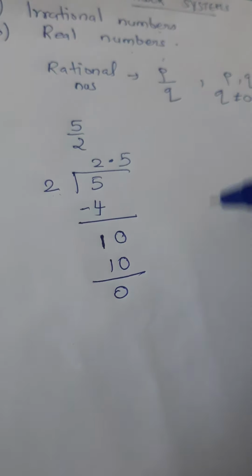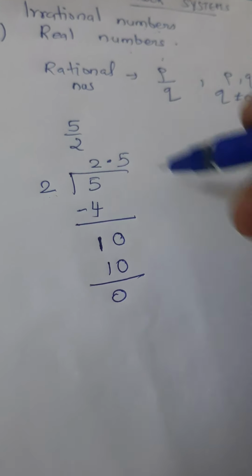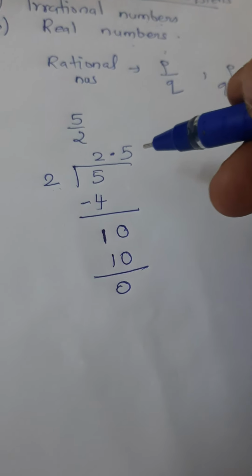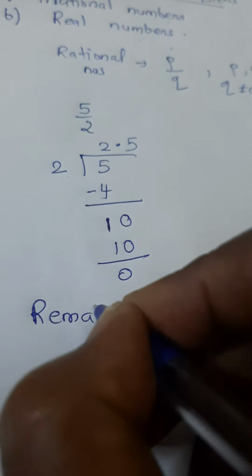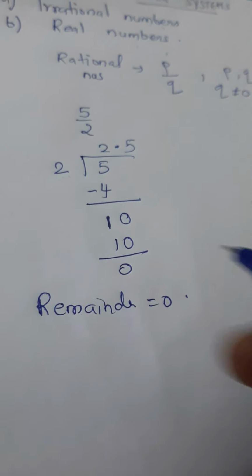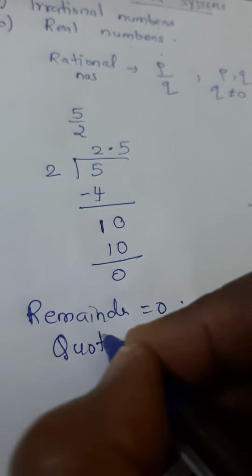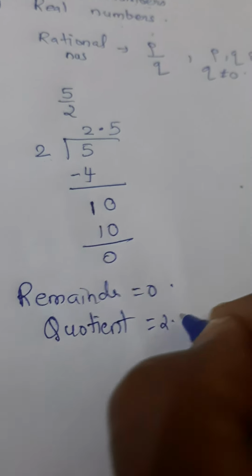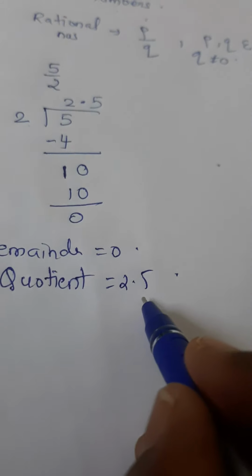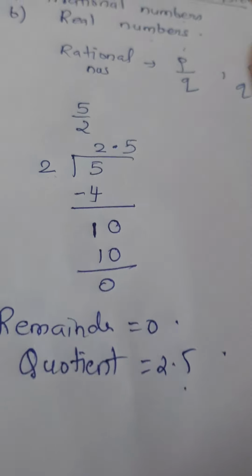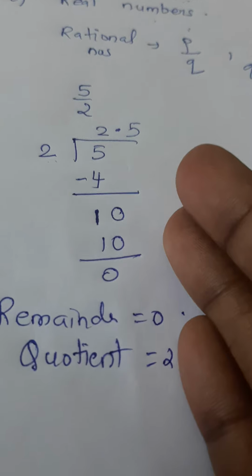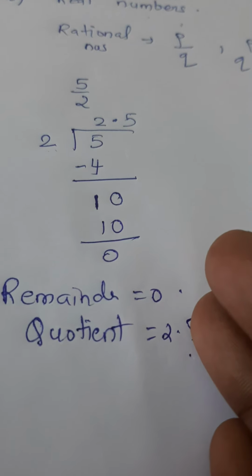So if you analyze this division of this fraction, that is 5 by 2, what you observe is your remainder is 0. Your quotient is 2.5. So the decimal part of the quotient terminates and the division process ends successfully, giving the remainder as 0.